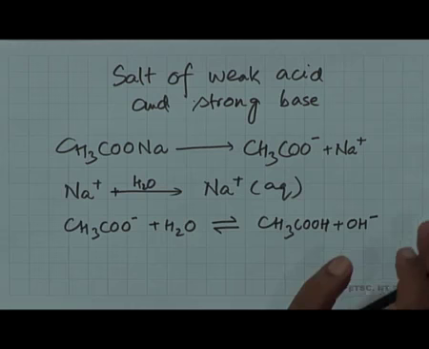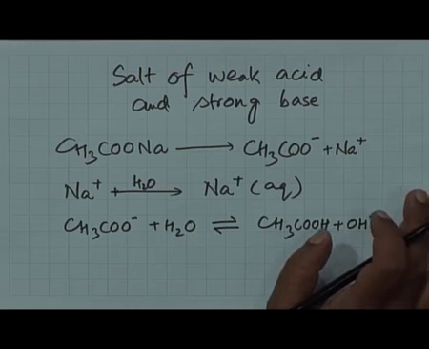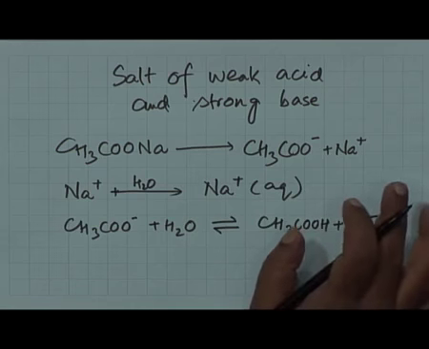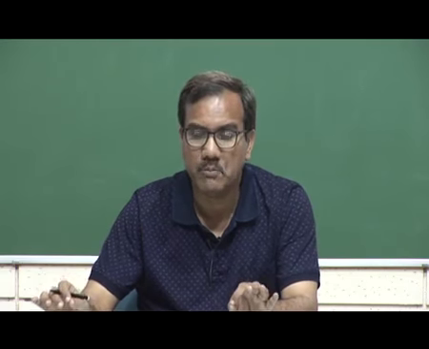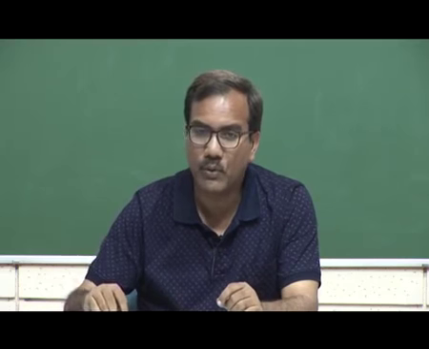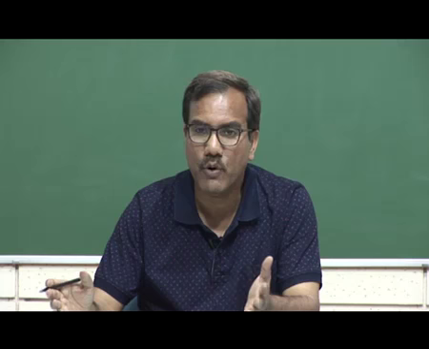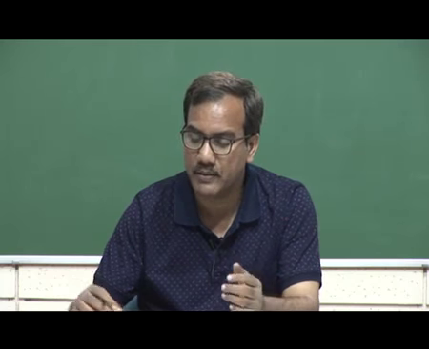And the OH minus concentration which you are going to get in most cases is always greater than the OH minus which you get from water. And so, if I want to calculate pH or pOH, I need to know the value of OH minus.